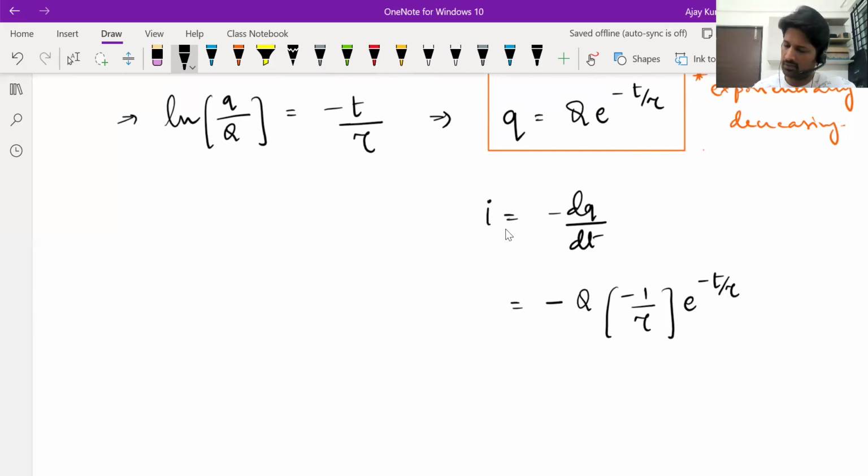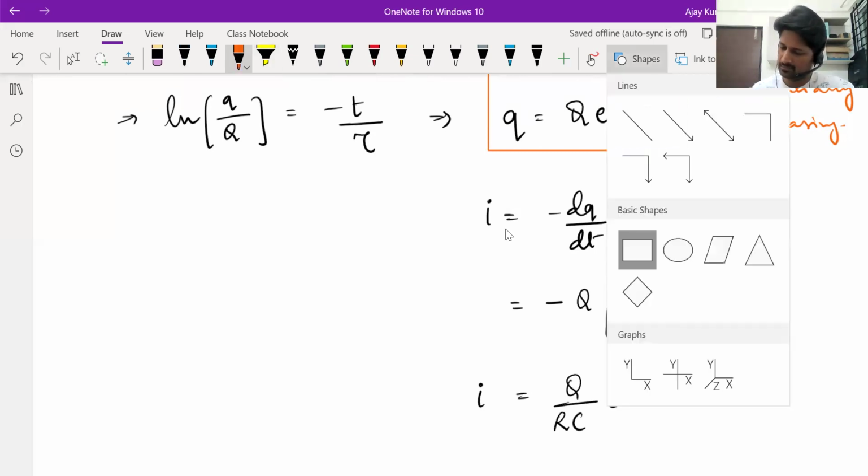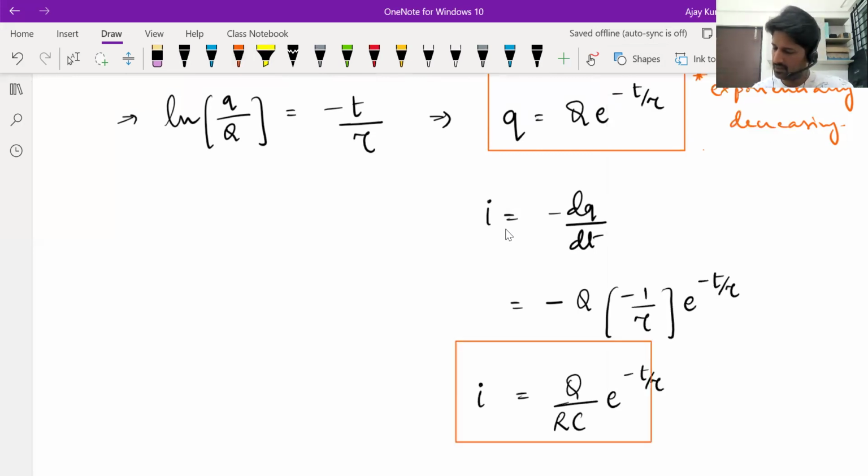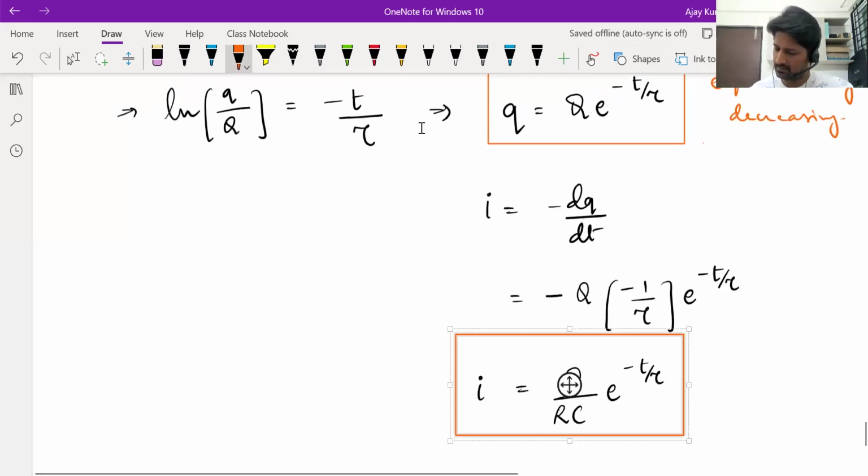And we know tau is equal to RC. You can substitute that if you want. Minus minus cancel. It becomes Q by RC e power minus t by tau. That is the current as a function of time. Current is also exponentially decreasing.